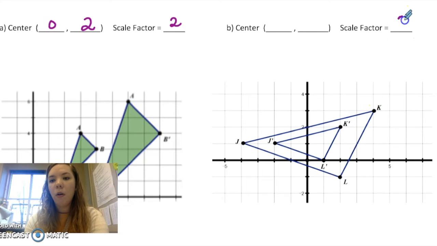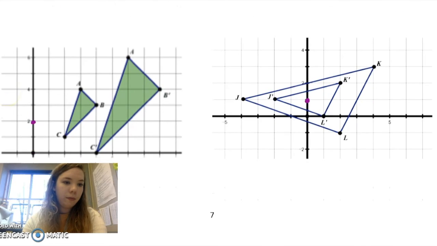So it did double. So that means I could repeat this process. Up 1 over 2. I'd work backwards and end up right here at 0, 1. So now I'd be up 1 over 2, up 1 over 2, down 1, right 1, down 1, right 1, and so on. So you're working backwards for those.